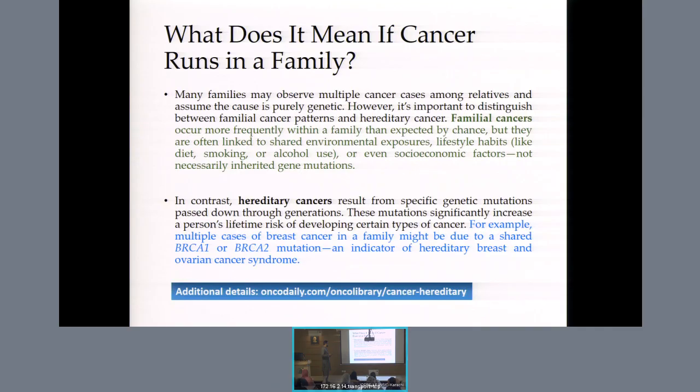When we talk about hereditary cancers, they result from specific genetic mutations passed down through generations. These mutations significantly increase a person's lifetime risk of developing certain types of cancer.